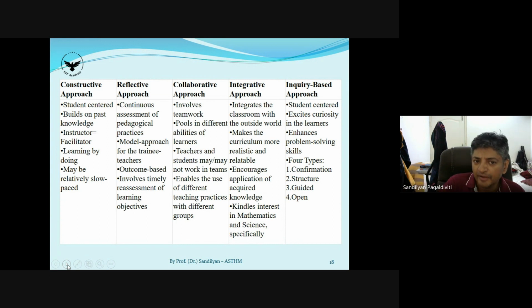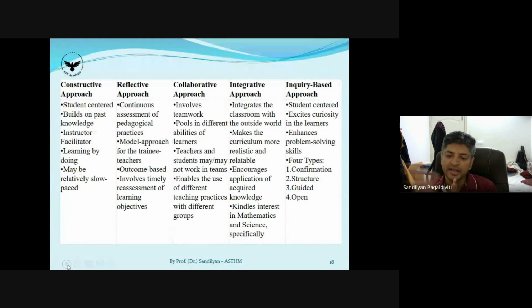An integrative approach, which integrates the classroom with the outside world, makes the curriculum more realistic. An inquiry based approach is student centered and excites curiosity because it generates a lot of interest in the learner. There are four types of inquiry based approach. One is confirmation, where there is some solution and students make an inquiry to confirm it.